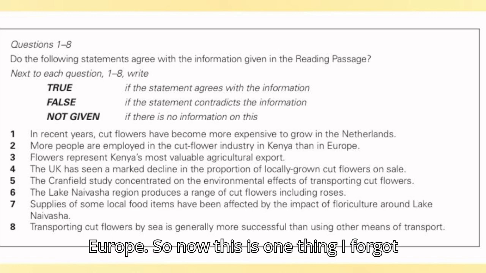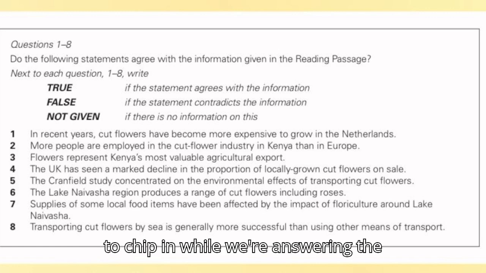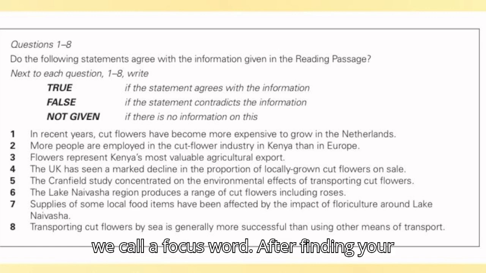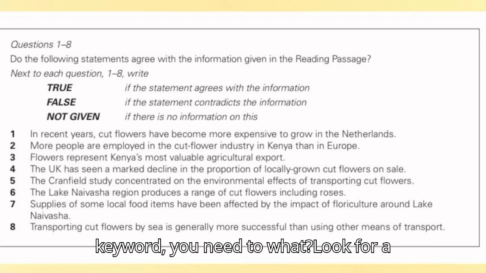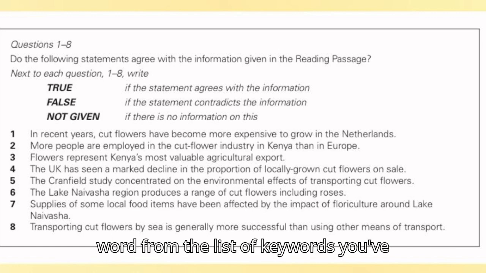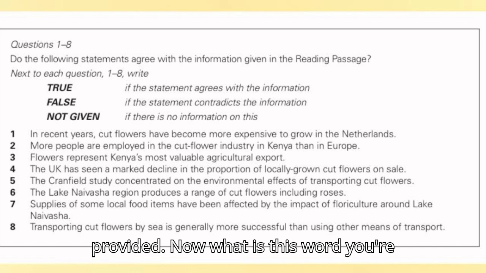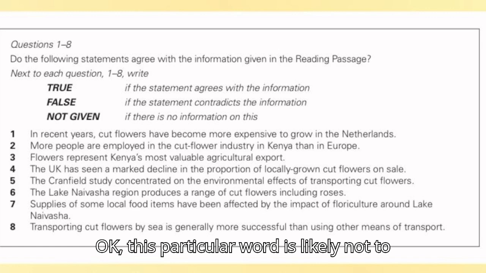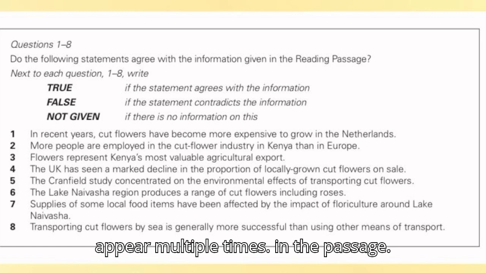This is one thing I forgot to chip in while we were answering the first question. Remember, in the previous video I said that there is what we call a focus word. After finding your keywords, you need to take out a particular word from the list of keywords you've provided. These are important words that are likely not to appear multiple times in the passage.